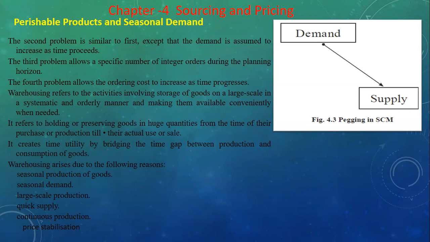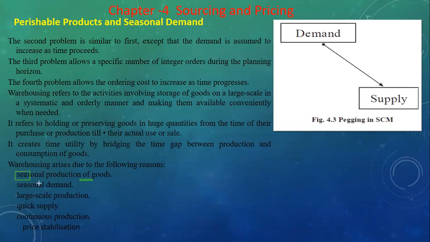Warehousing arises due to the following reasons. Why do we need warehousing? First, seasonal products: seasonal goods can be demanded at the seasonal time, so we need warehousing for this process. Then seasonal demand.